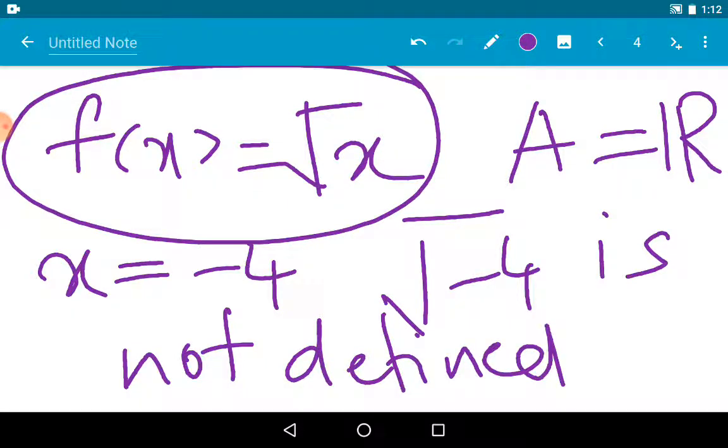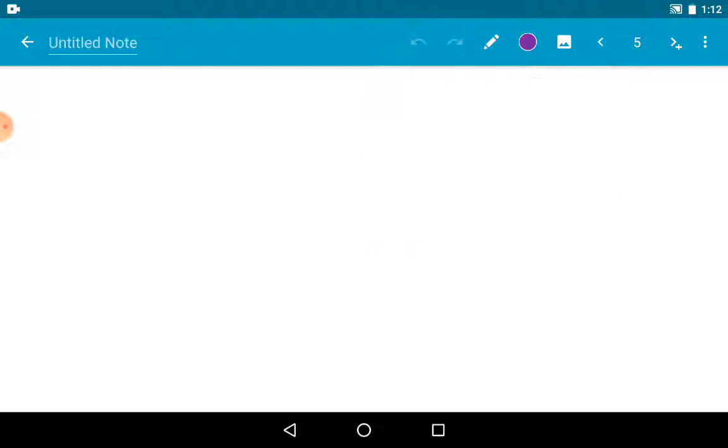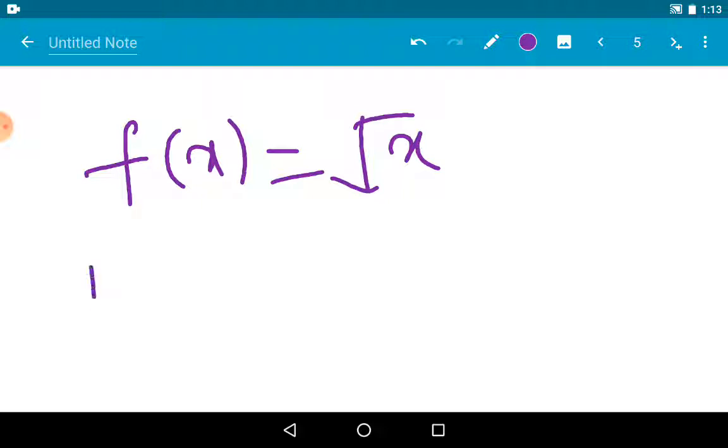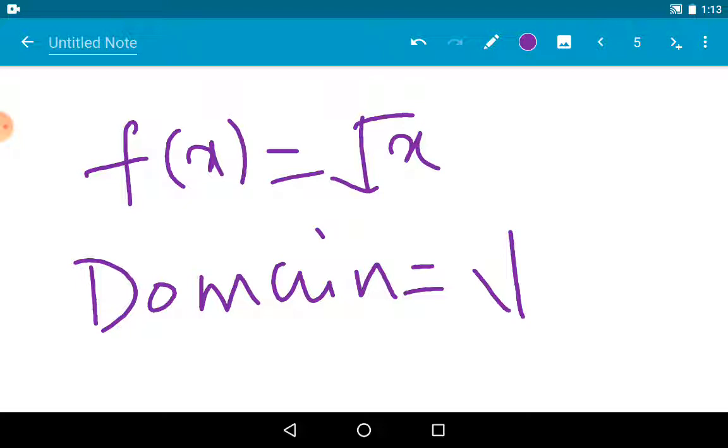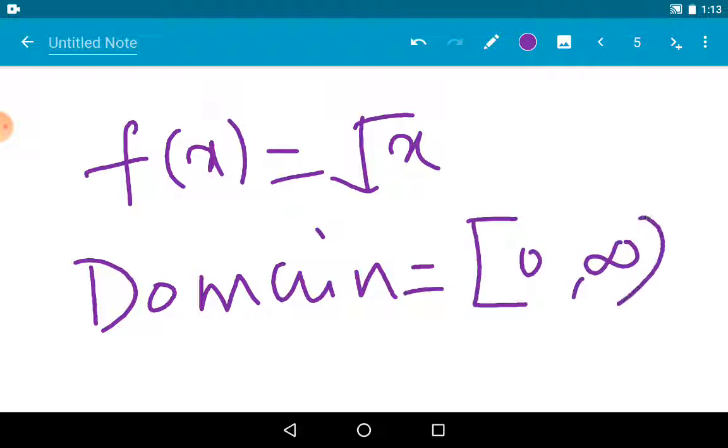So when we consider f of x equal to root x, we should not consider negative values of x. Then for the function f of x equal to root x, the domain will be R minus the negative numbers, or we can take it as the closed interval 0 to infinity. That is, we only consider positive real numbers and 0.